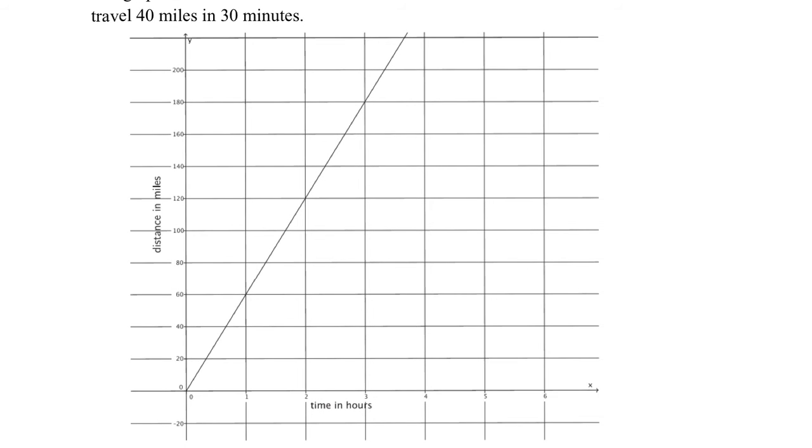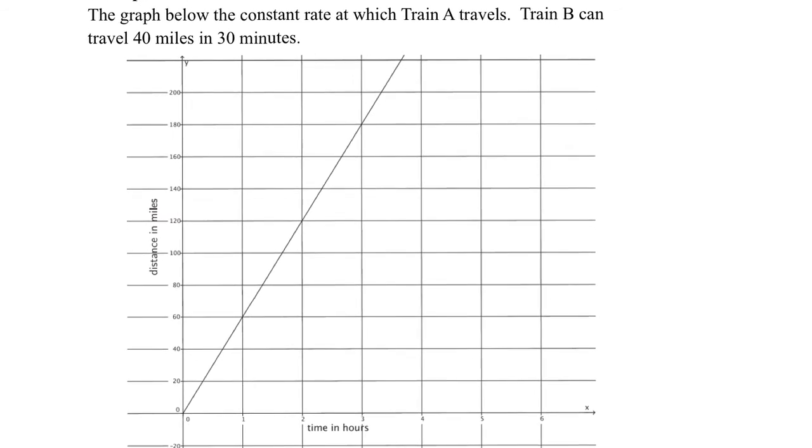One thing that I want you to notice is that they gave us train A. This is the graph for train A. I want you to notice that it's in miles, but it's in hours. Whereas train B is 40 miles in 30 minutes. So we need to convert that into hours so that we're looking at the same thing. They do this to us sometimes. We have to pay attention.